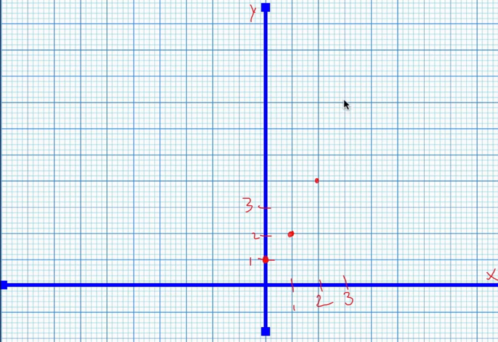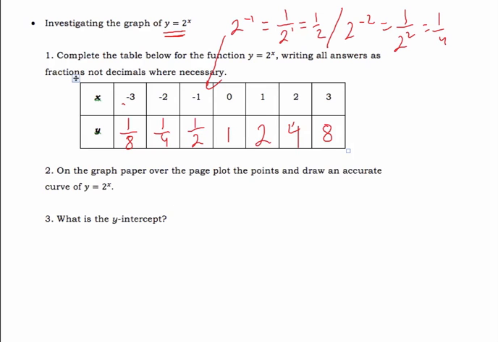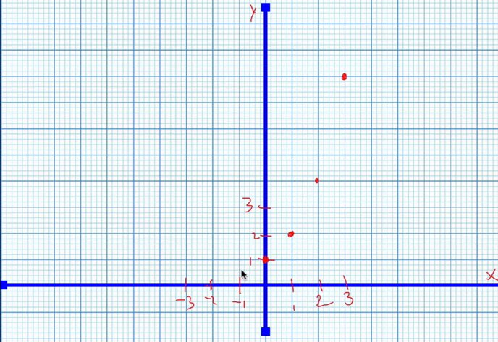So that's 5, 6, 7, 8. And we have negative 1, negative 2, negative 3. Those values are a half, a quarter, and 1/8, so they get smaller and smaller there.